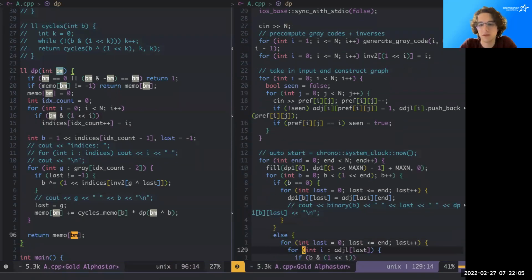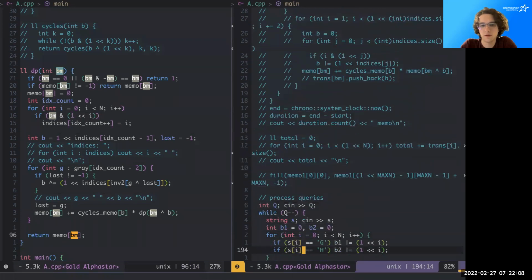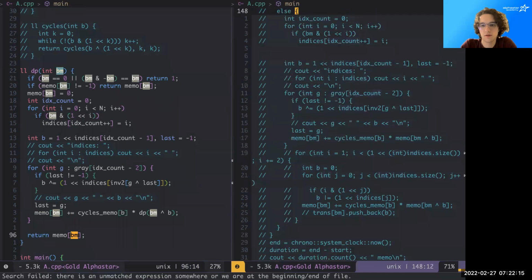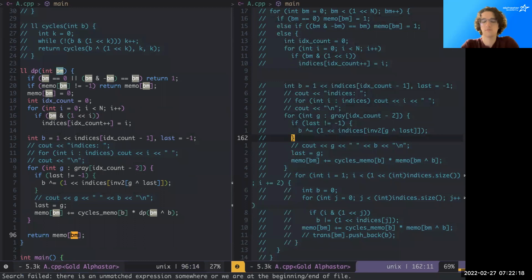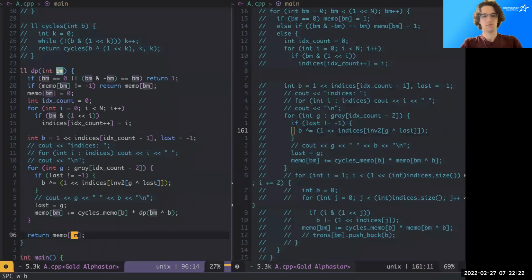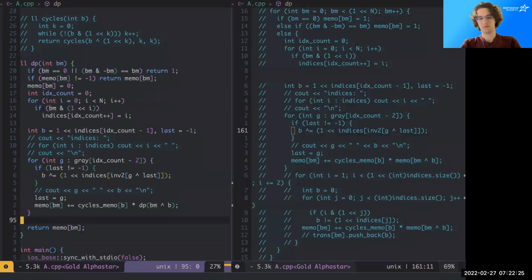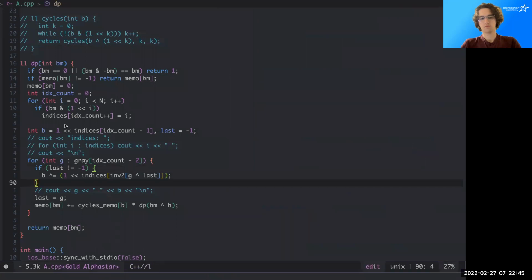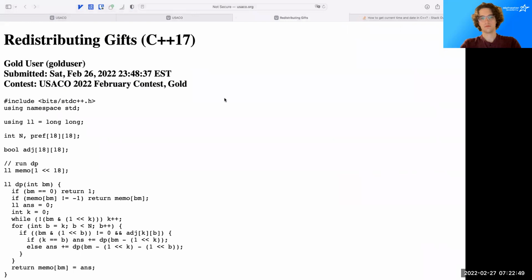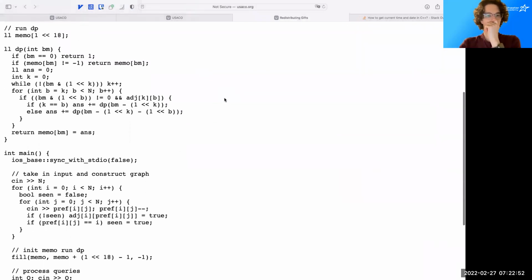I think it should exactly mirror the code we just had that passed. Where did we go wrong?